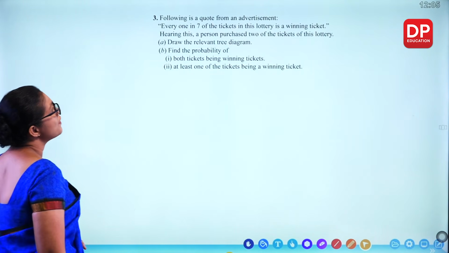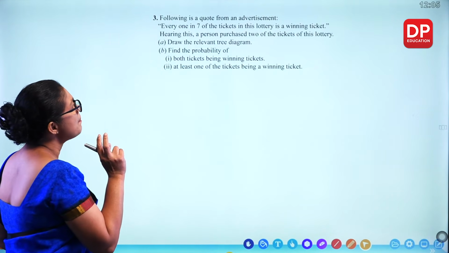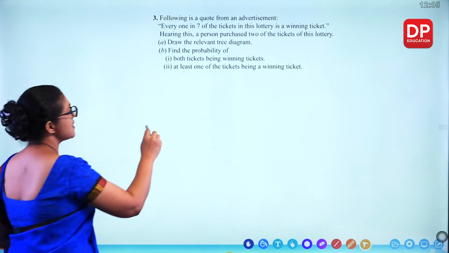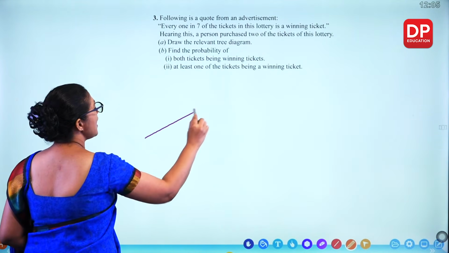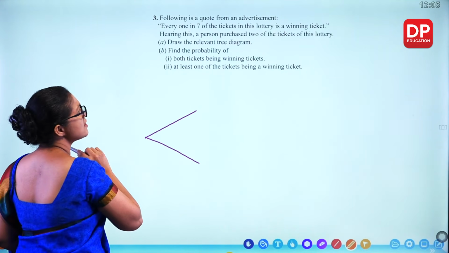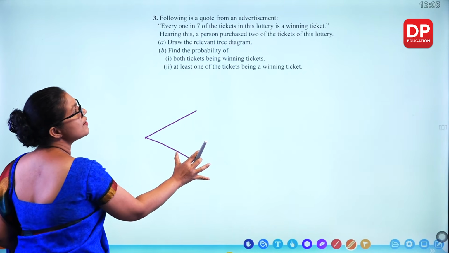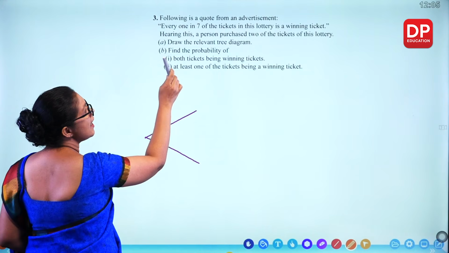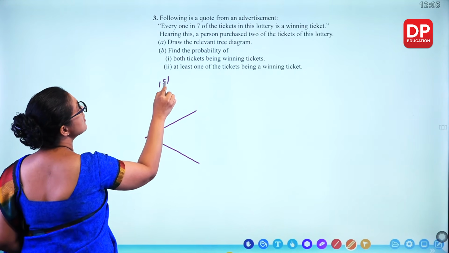We'll try to draw the tree diagram. A person purchased 2 of the tickets. So from that, you can take 2 branches, and one is winning and the other one is not winning. And what's the first one? First ticket.